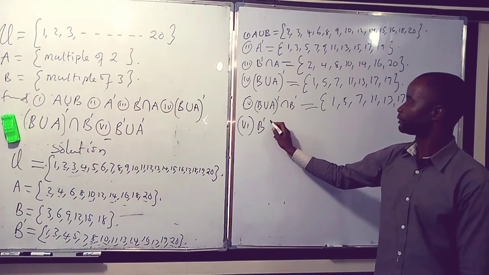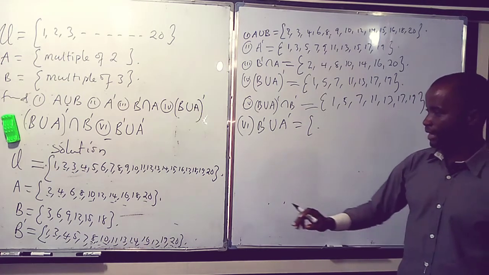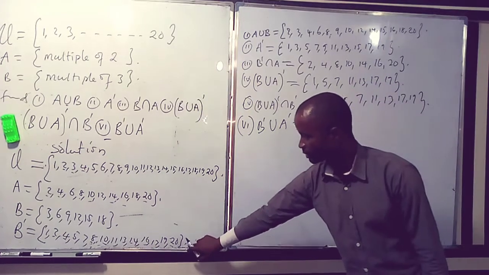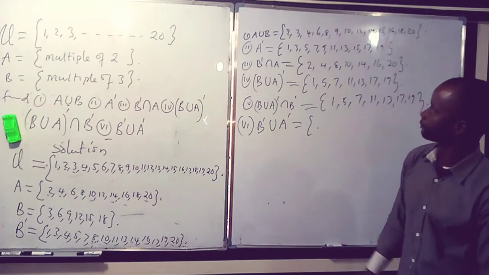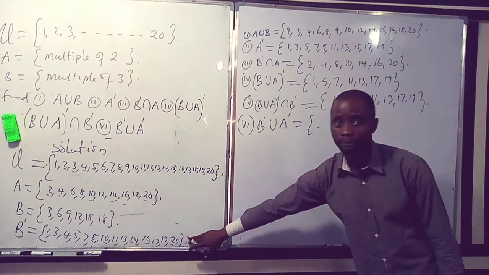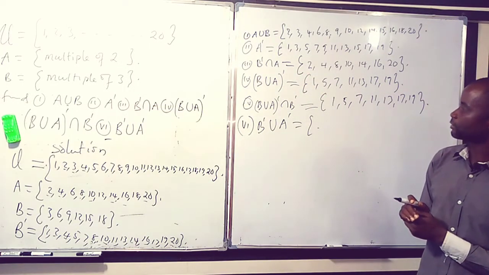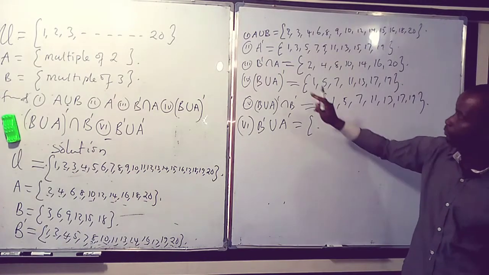And then the last question now, which is the sixth question, is B prime union A prime. Recall that our B prime is this, and this is our A prime. Then we are going to compare B prime and A prime, and list all the elements, starting from 1.